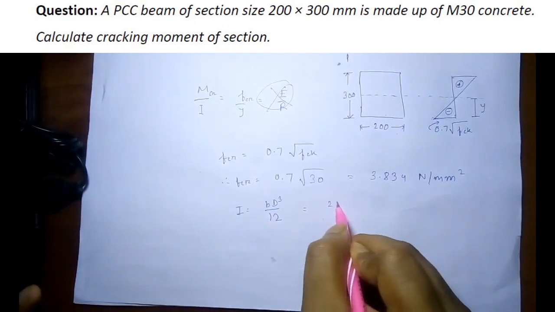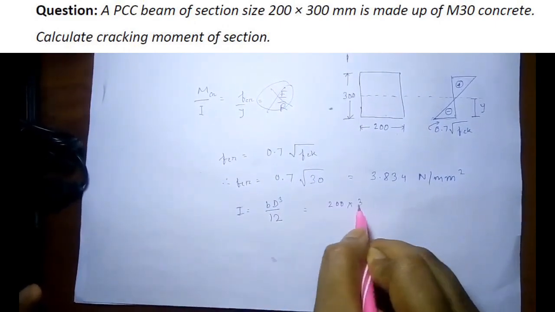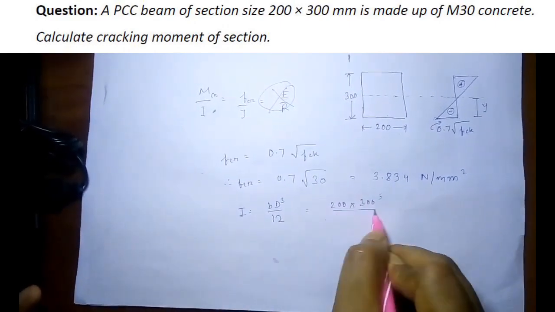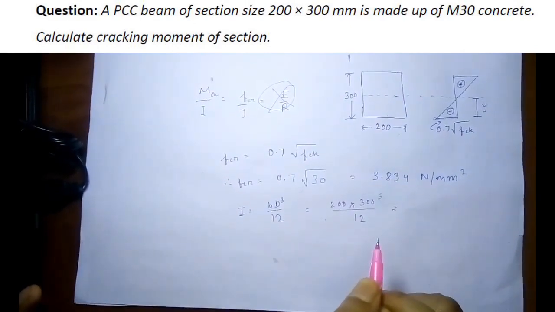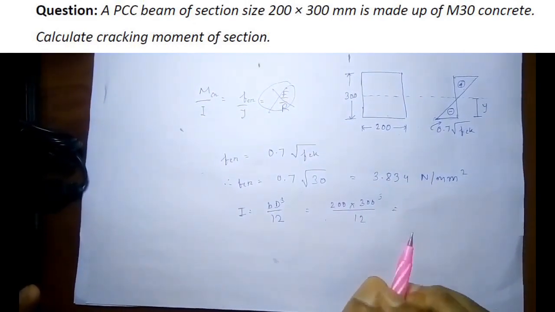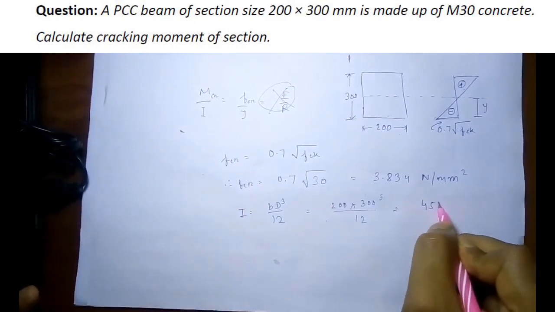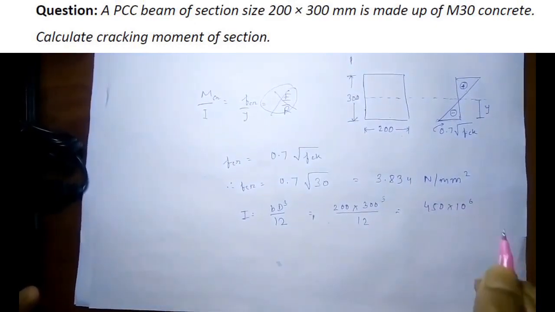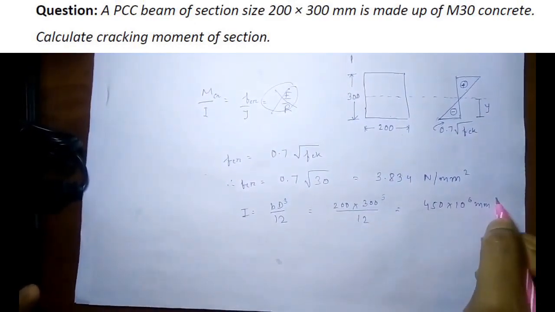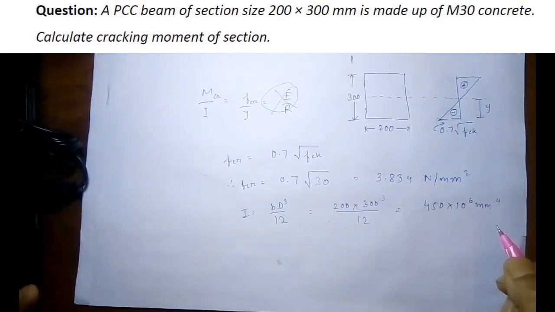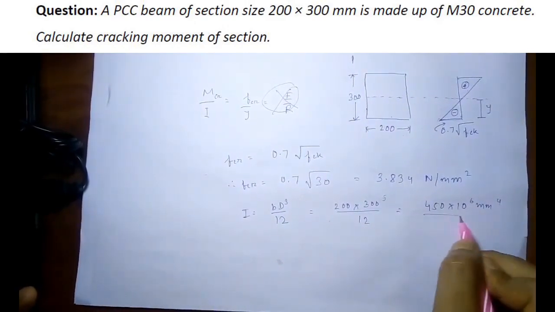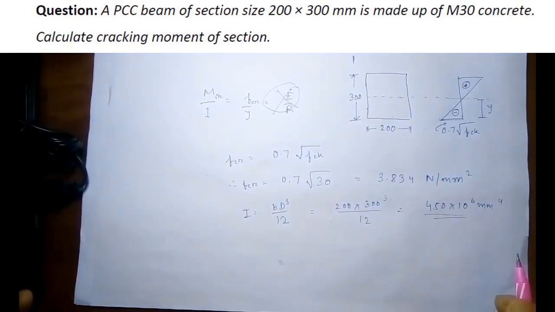So it is equal to 200 cross 300 cube by 12, and on calculation we get I equal to 450 times 10 to the power 6 mm to the power 4.